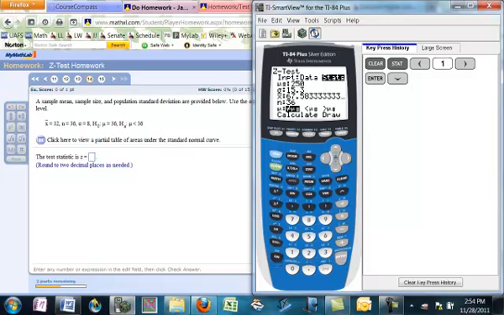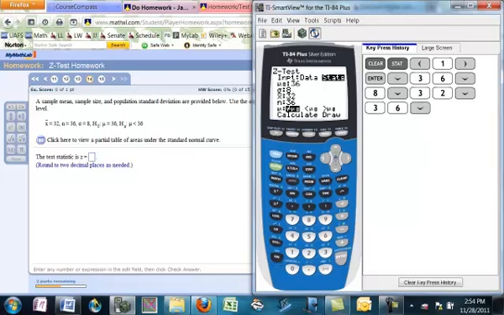The mu naught is 36. That's the hypothesized mean. The hypothesized standard deviation is given, the population standard deviation of 8. X bar is something that they had to have measured from a sample, but that's given to us as 32, and the sample size is 36.